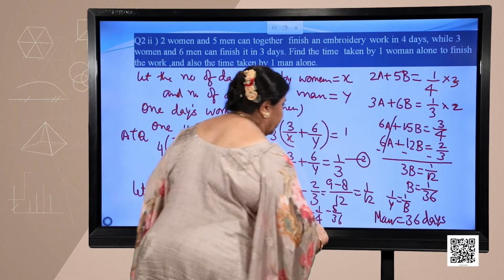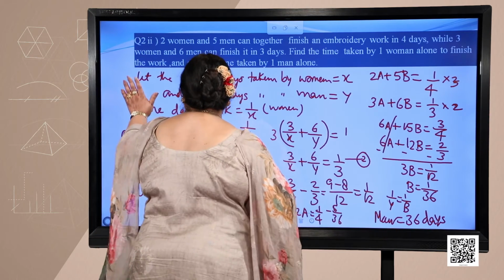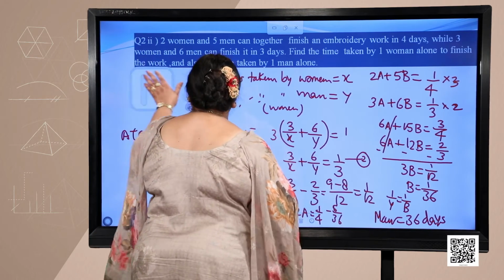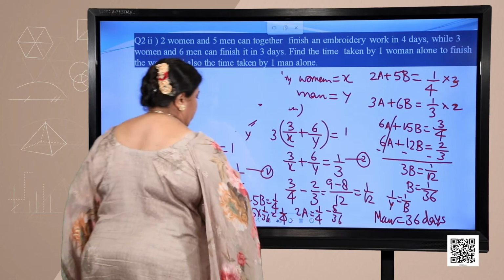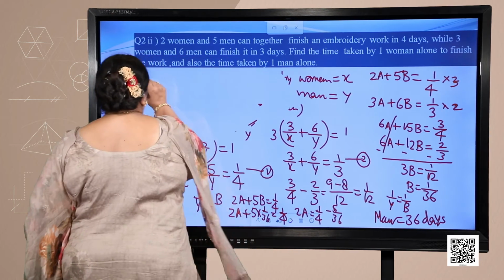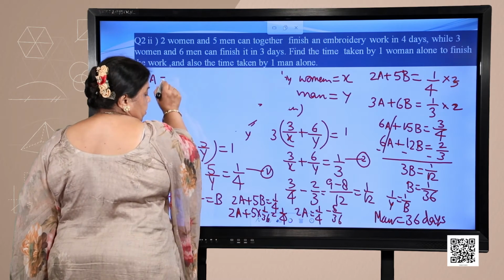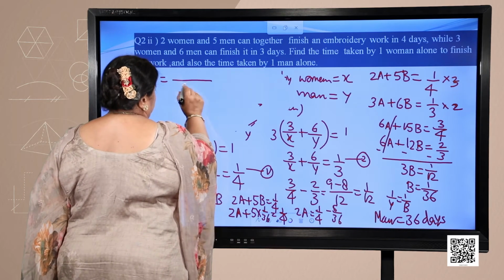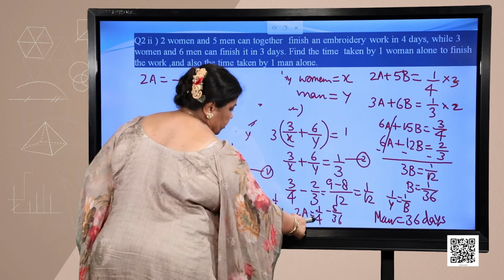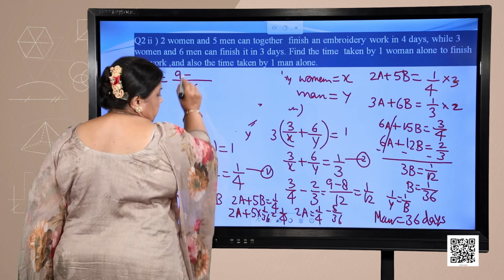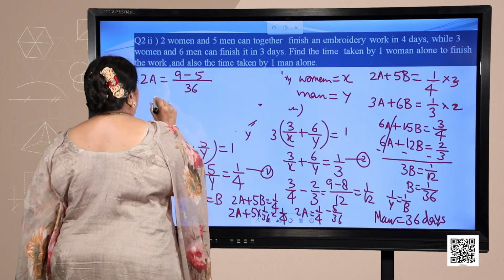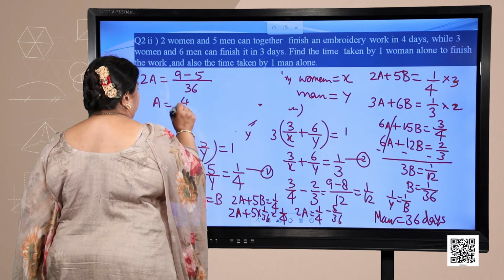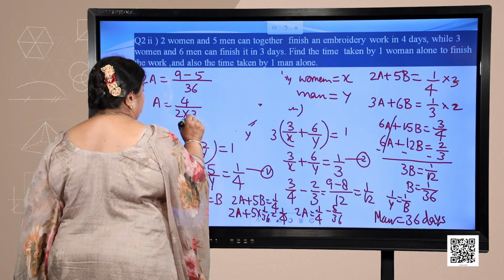That gives me, let me rub this, I get 2a is equal to, 36 is the LCM. So, it is 9 minus 5, or a is equal to 4 upon 2 into 36.